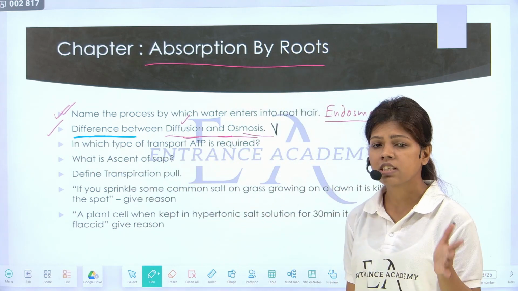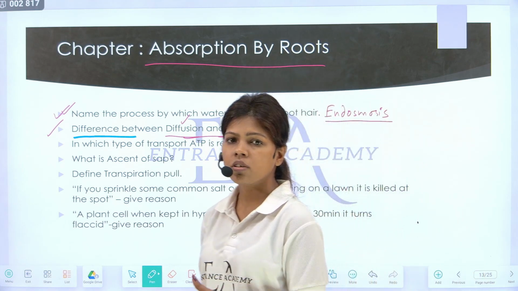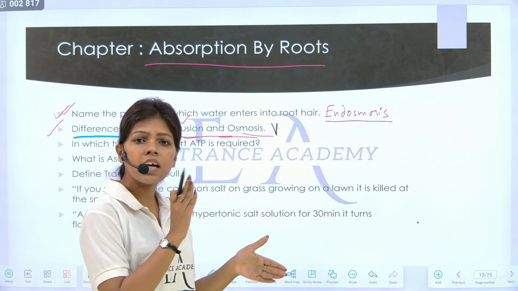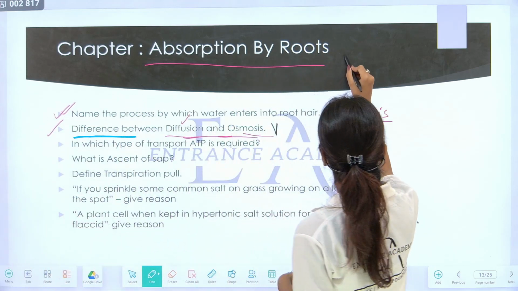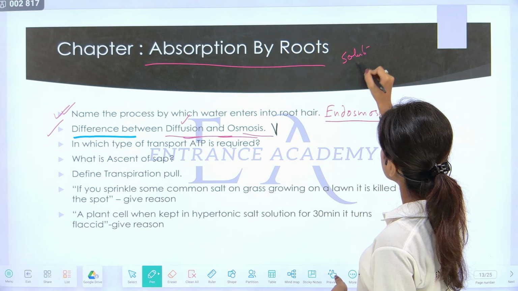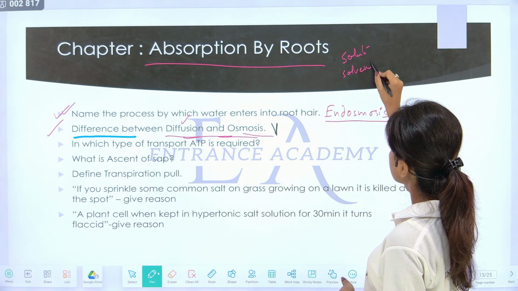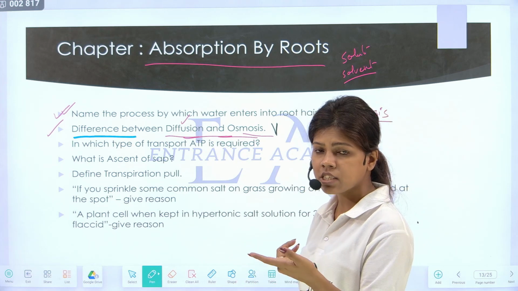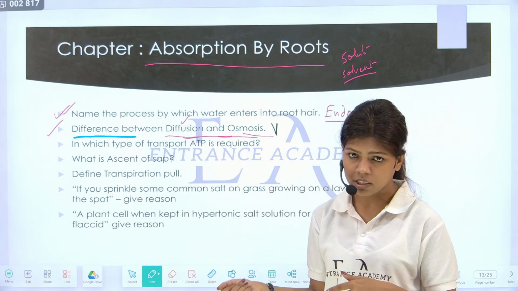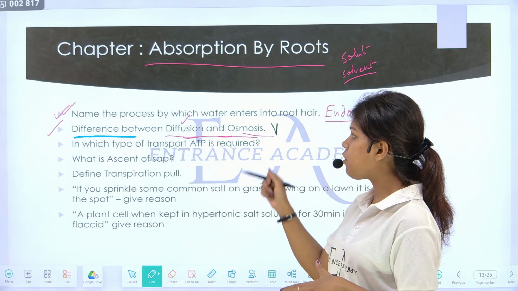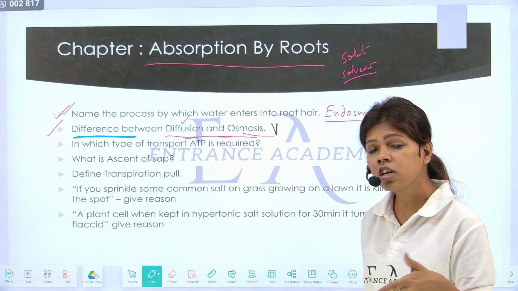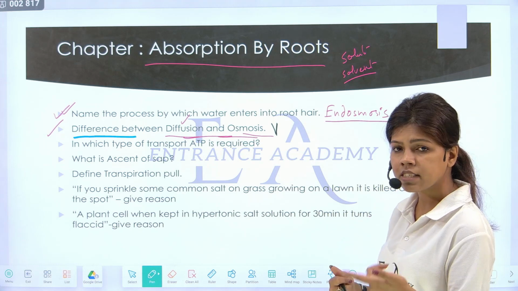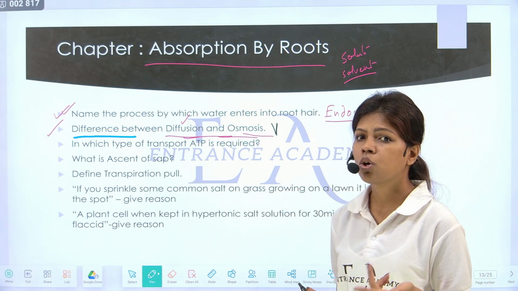Diffusion and osmosis, these two are passive transport inside our cell. During diffusion, both the solute and solvent can pass from the region of their higher concentration to the region of their lower concentration. While in case of osmosis, only the solvent molecule can pass from the region of their higher concentration to the region of their lower concentration.